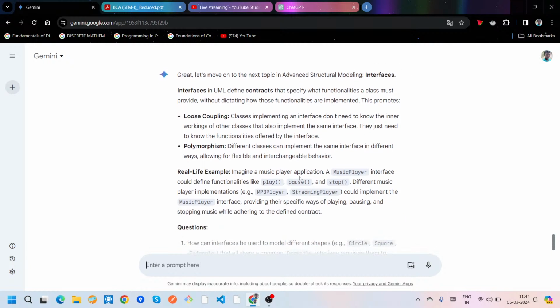Great. Let's move on to the next topic in advanced structural modeling, which is interfaces. Interfaces means interfaces in UML.